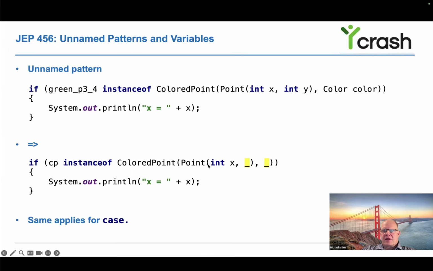I just write int x, underscore, underscore, and now it's clear that we use just this part of our record pattern. And it's not possible to ask for instanceof underscore, because it's just a keyword, it's not a type, and of course you can't decompose a record.